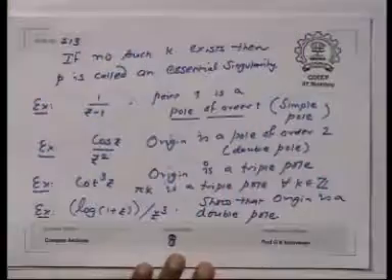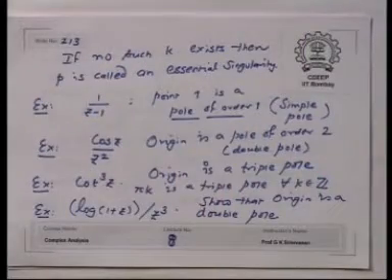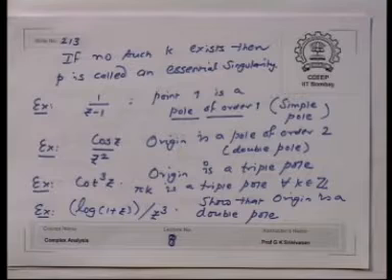The next example is cot z the whole cube. The origin is a triple pole because z cube cot cube z is nothing but z cube upon tan cube z, and that has limit 1 as z tends to 0. Nothing smaller than 3 will work, and so the origin is a triple pole.